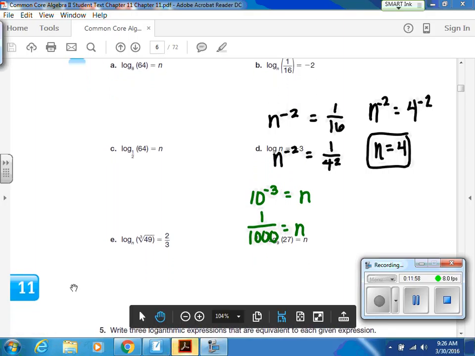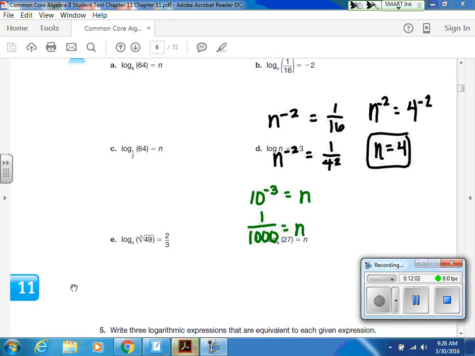Alright, let's look at E. What is E going to look like? n to the 2/3. Okay, so I need to somehow get this related to that 2/3, because I know that it's n. I'm not going to mess with that one too much. What can I do? Is there anything I can do to 49 to make it more useful as far as exponents go?